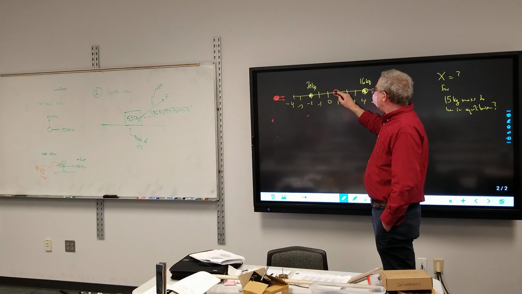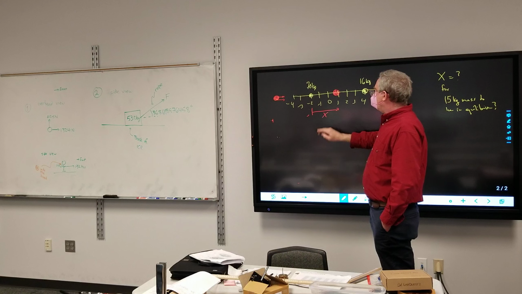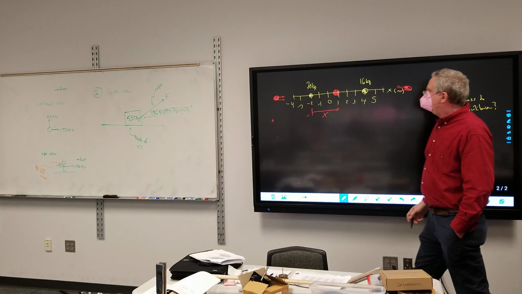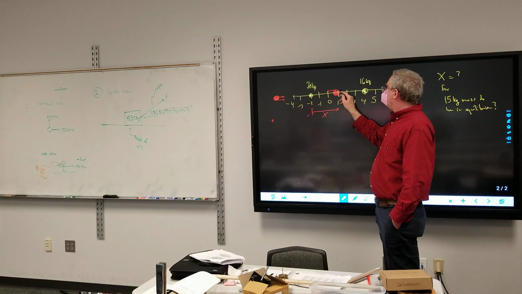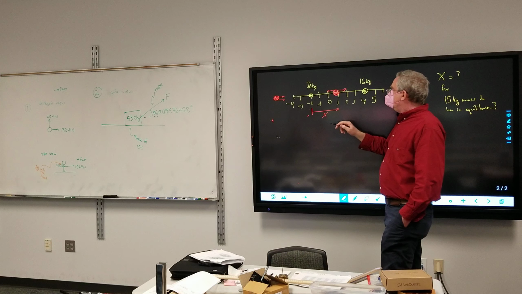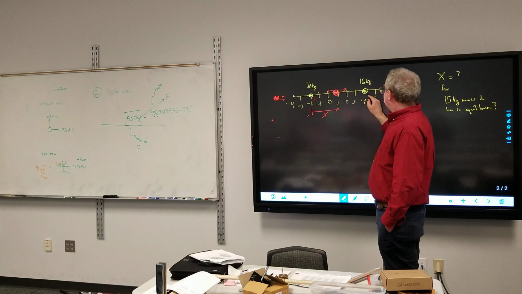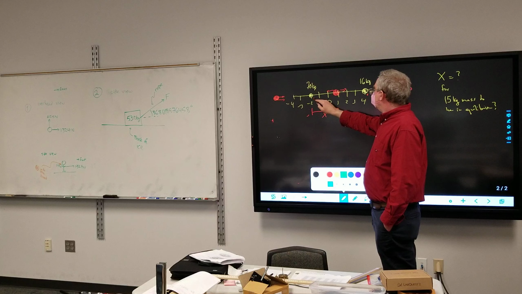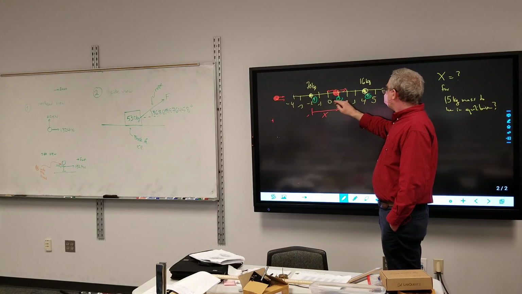Now, where exactly it is, I don't know. I'm going to label that X. So I know it's going to be pulled towards the 7 kilogram, and pulled towards the 16 kilogram. Let's see, I think this was 1, 2. So 1, 2, 3.